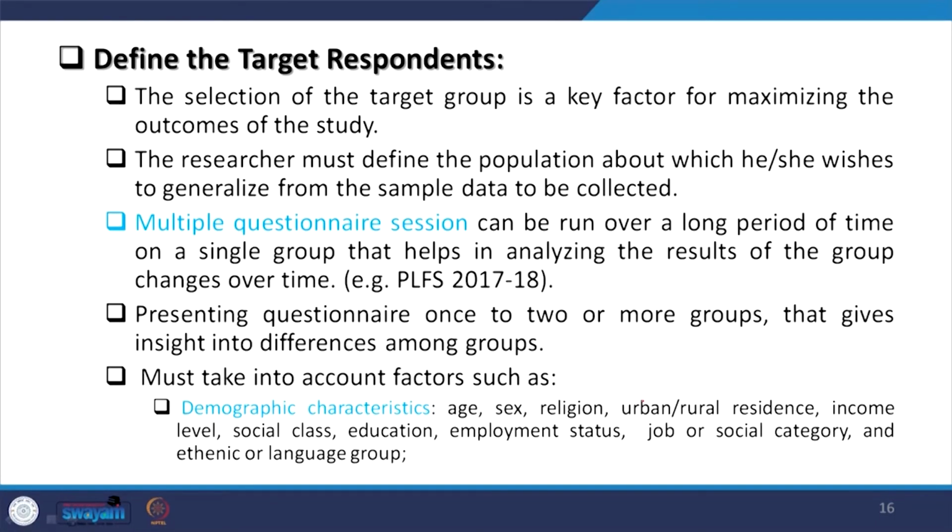Now, multiple questionnaire sessions can be run over a long period of time on a single group, which helps in analyzing how the group changes over time, like we have already discussed. This is very important for all of us to know, because not necessarily are you just going to collect cross sectional information from the field that might be valid at that particular time.